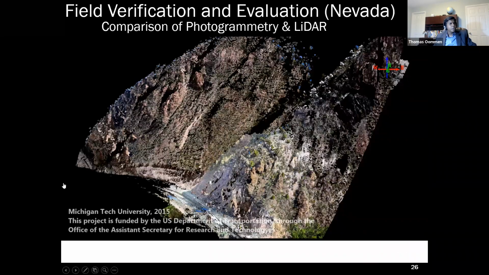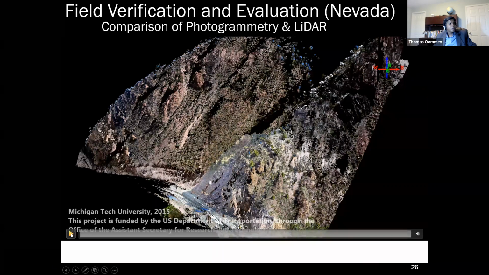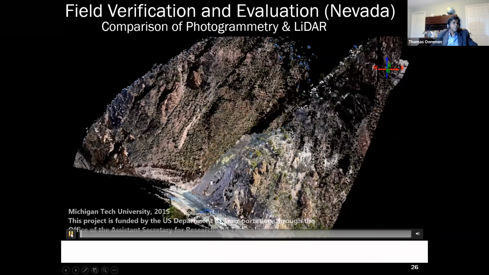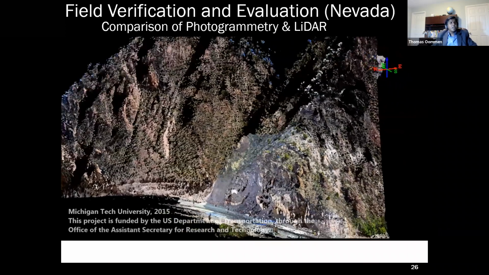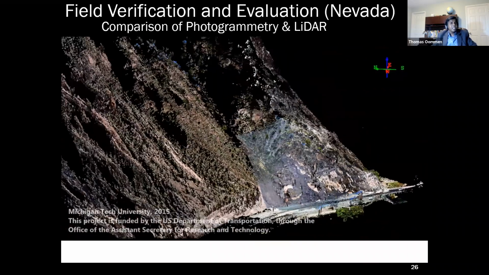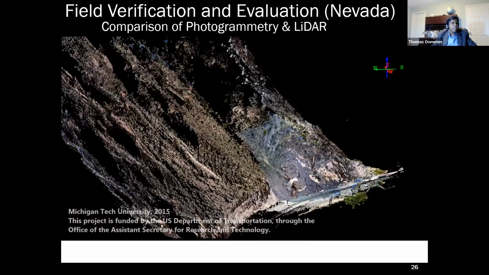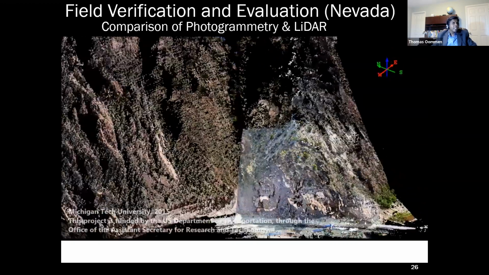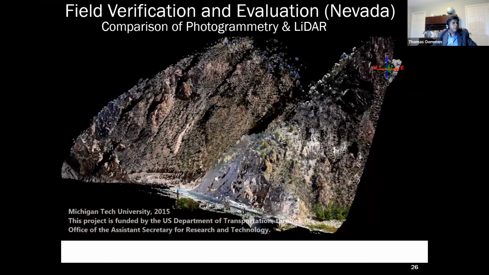And let me quickly show you a video that compares the 3D models that we have developed from this method to the traditional LiDAR approach. So here, what you're seeing right now is along that rail corridor in Nevada, where the slope was failing, we did photogrammetry.